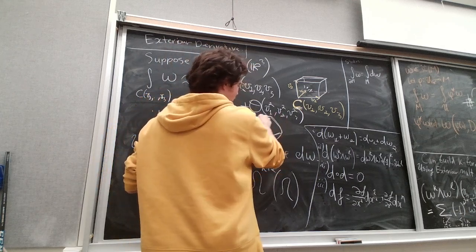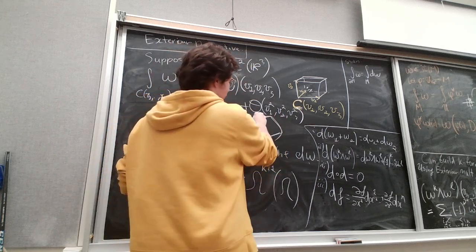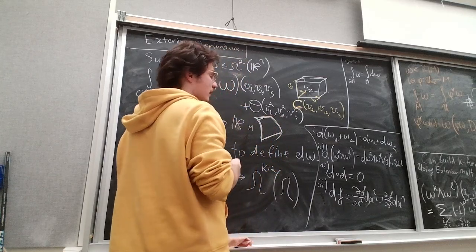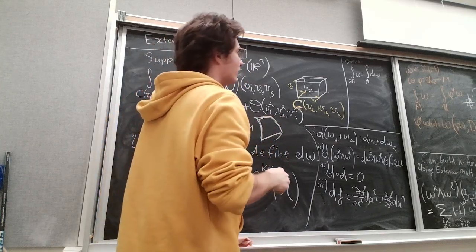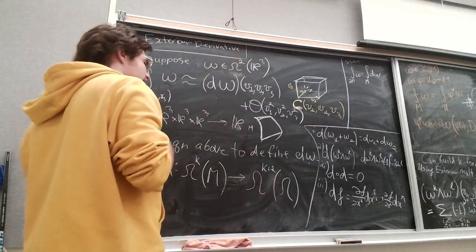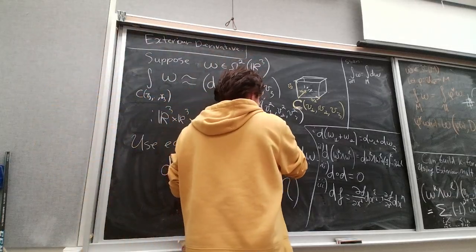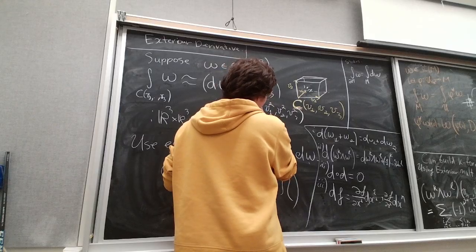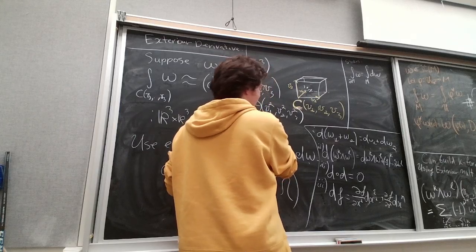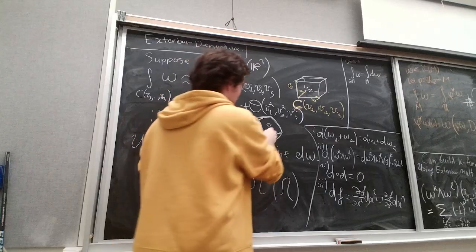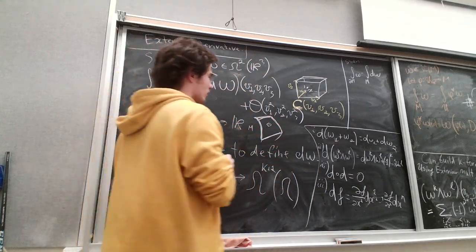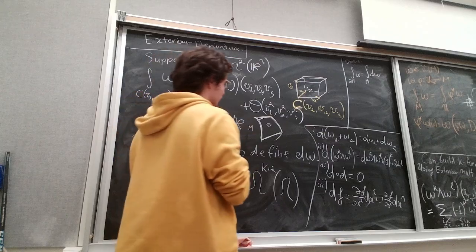So I could integrate some one-form around this edge. Now, if I did d of omega, what is that saying? Suppose I was at a point here, and I had a little loop around here. And I kind of shrunk this loop smaller and smaller to linear order of how large this rectangle is.